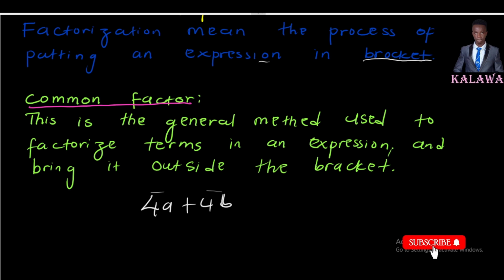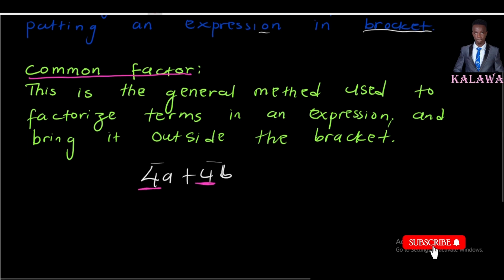Remember, one of the methods used is called the common factor. So you ask yourself, between these two terms, 4a plus 4b, what is common between them? You can see a and you can also see b. For the first term, 4 is common, there's 4a here and also 4 here.